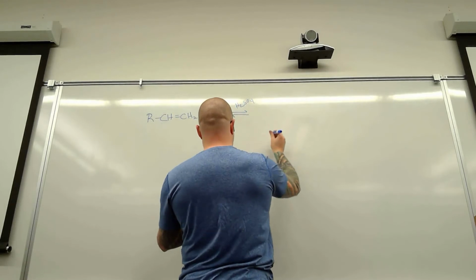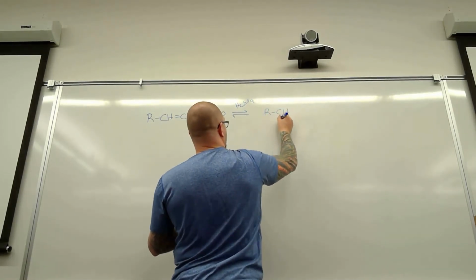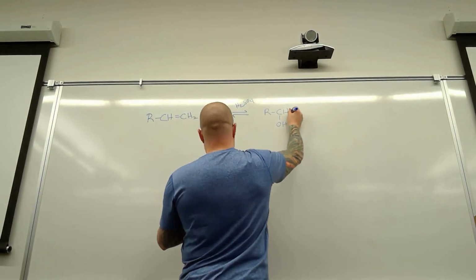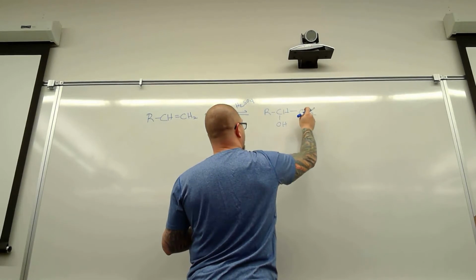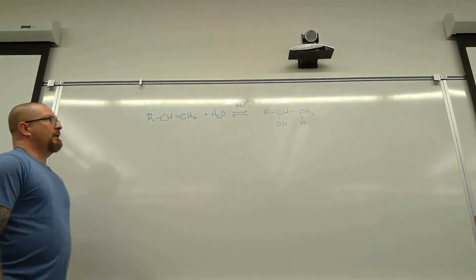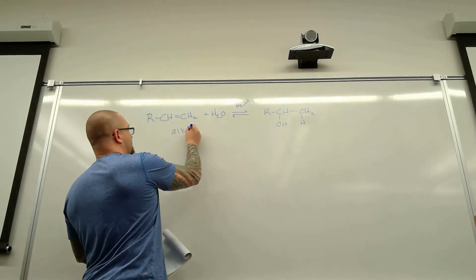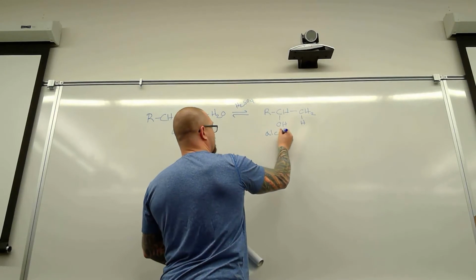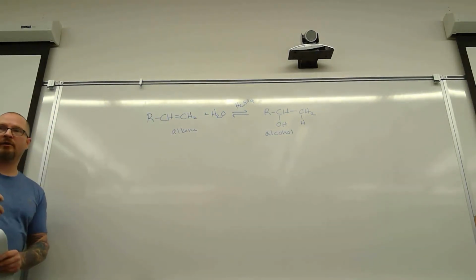What we should get is... I could just call that a CH3, but I want to show that we have a hydrogen substituting an alcohol. So we start with an alkene, and we're ending with an alcohol as a product by adding water across the double bond.